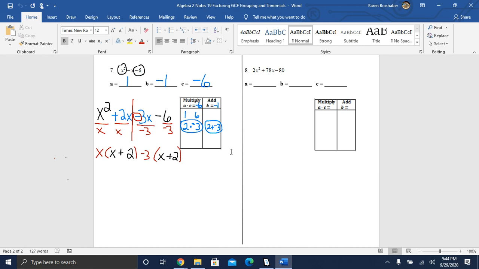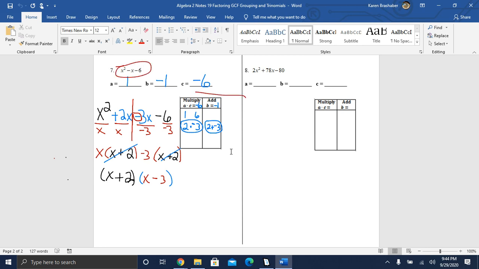And then x plus 2 is my common factor. That will be one of my answers. I'll mark that out. And my other answer is the factor I did not mark out, the x minus 3. Okay, those two would multiply together to give me my original problem.